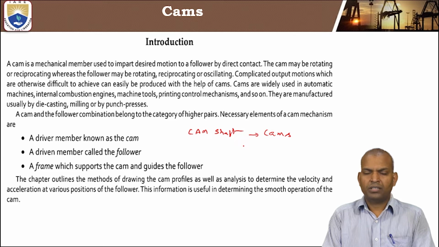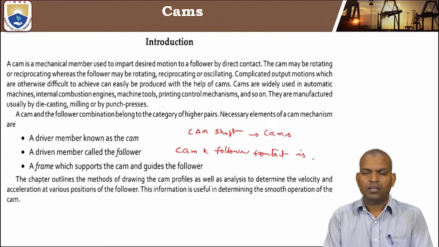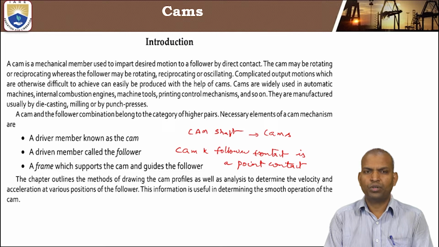The contact between cam and follower is a point contact. If there is a point contact between two links, the cam and follower, that contact is known as a higher pair.